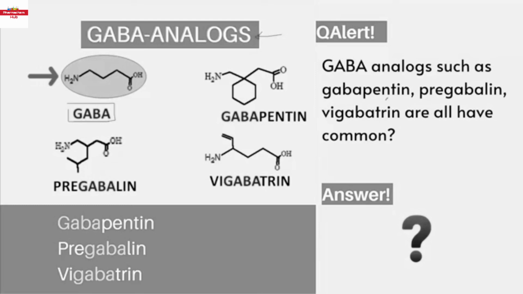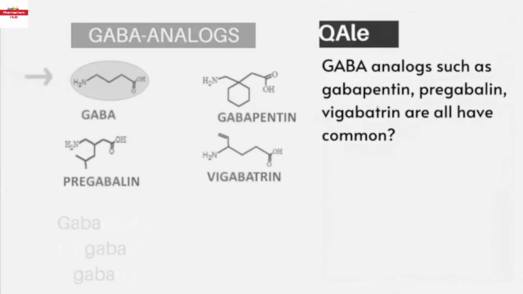So here the exam or test keyword is asking: GABA analogs such as gabapentin, pregabalin, and vigabatrin all have something in common. What do they have in common? Pretty easy answer. I'm sure you can think there is something common in their names. So what is common in their names?